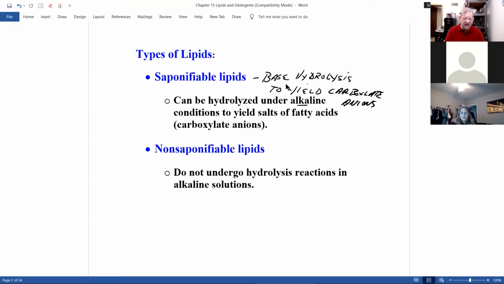Now, the other type is non-saponifiable lipids. Those do not react or undergo hydrolysis reactions in base solutions. So if you react the non-saponifiable lipid with, say, base and water, what you get is no reaction.